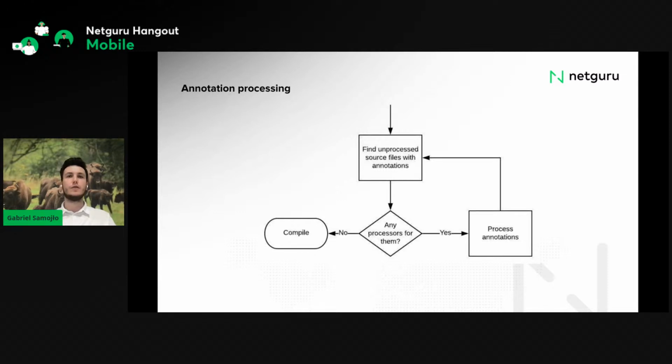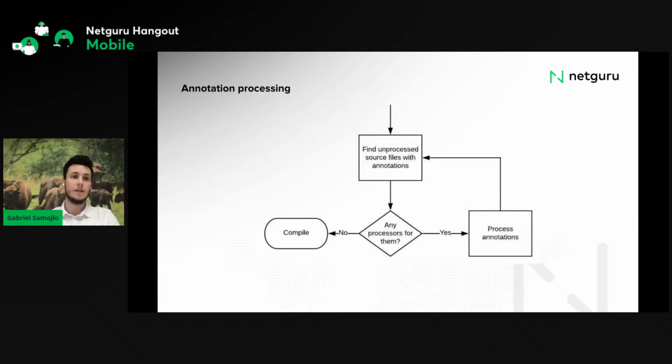we are scanning for the files that are yet unprocessed and contain some annotations. If the compiler finds any processor that can handle this annotation, it will pass this class, this method to the annotation processor to be handled.